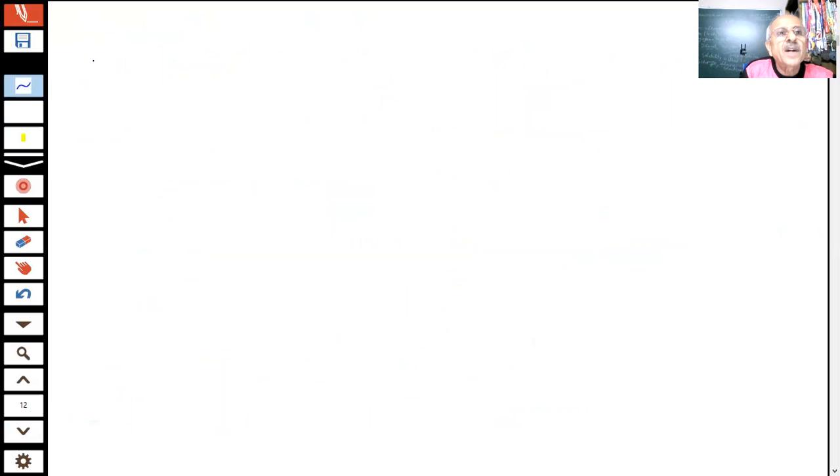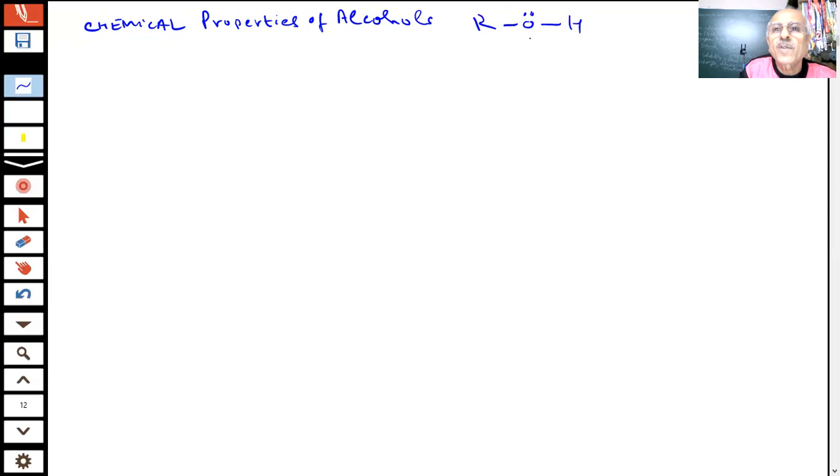Now let us see the chemical properties of alcohols. Alcohols look like this, students. There is a lone pair of electrons on the oxygen. You have the R-O bond and you have the O-H bond.